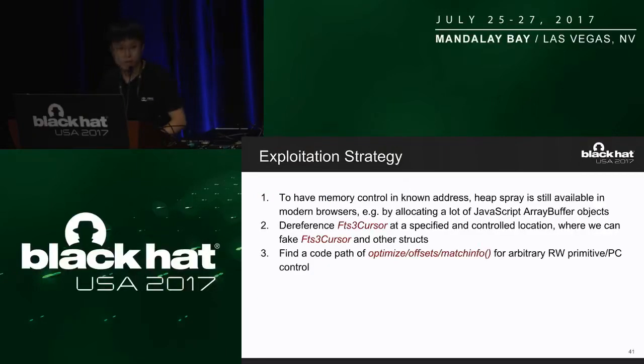So here is the summary of our exploitation strategy. In most of the modern browsers and operating systems, we can still use heap spray to have memory control in some hard-coded address. For example, by allocating a lot of array buffer objects, we can fake FTS3 cursor, FTS3 table, and other related substructures.